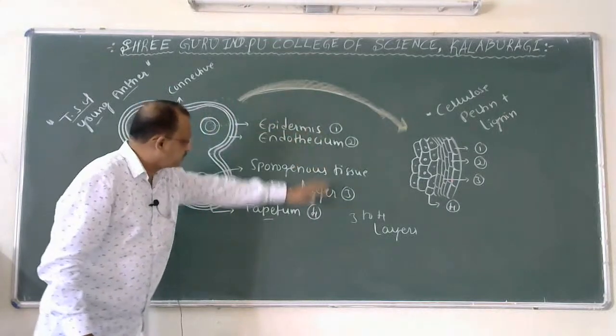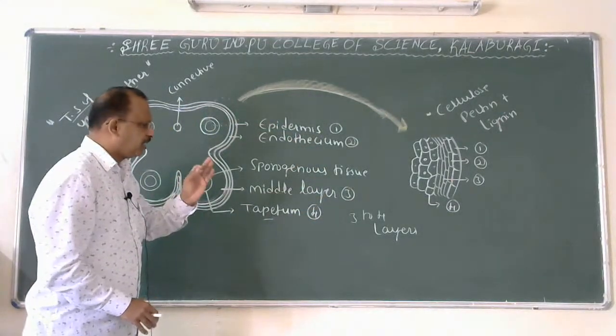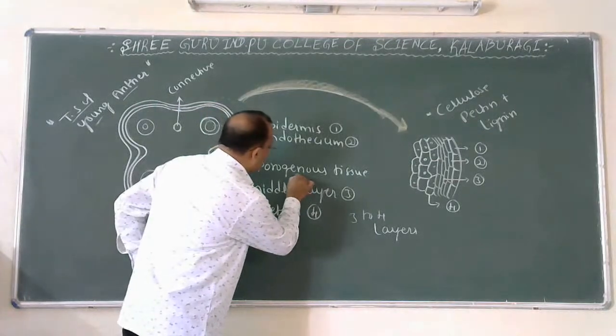Okay, so that ends the transverse section of a young anther. But you have to remember one more tissue.